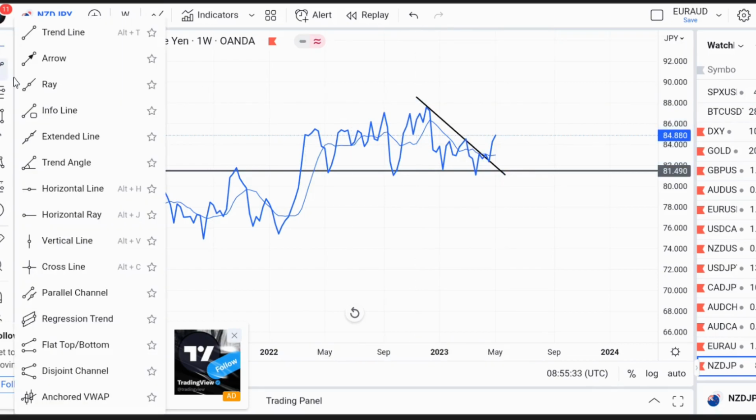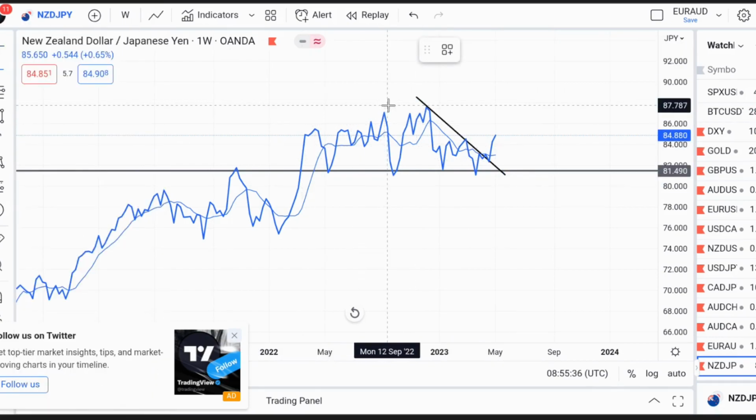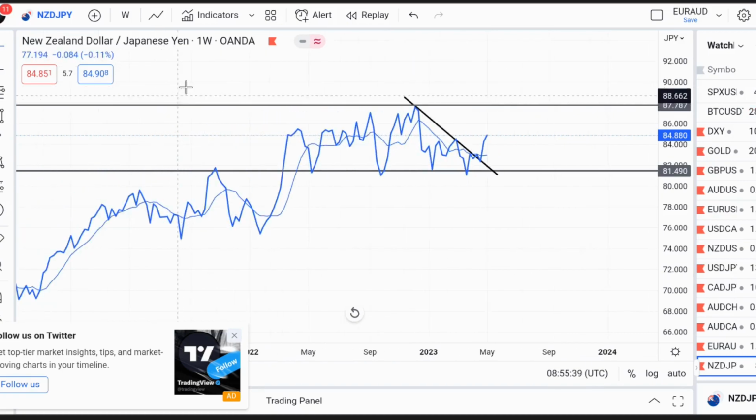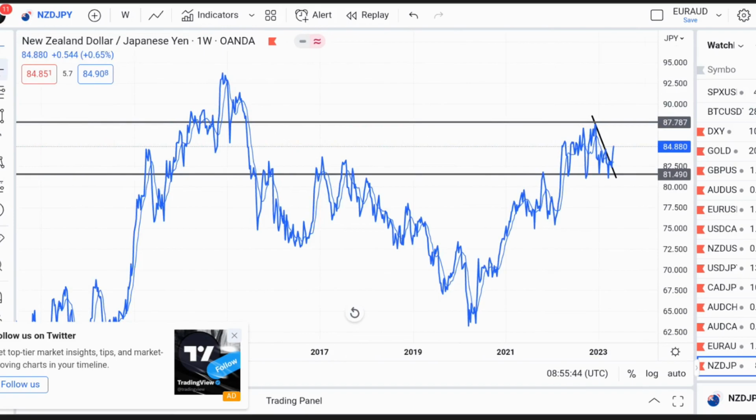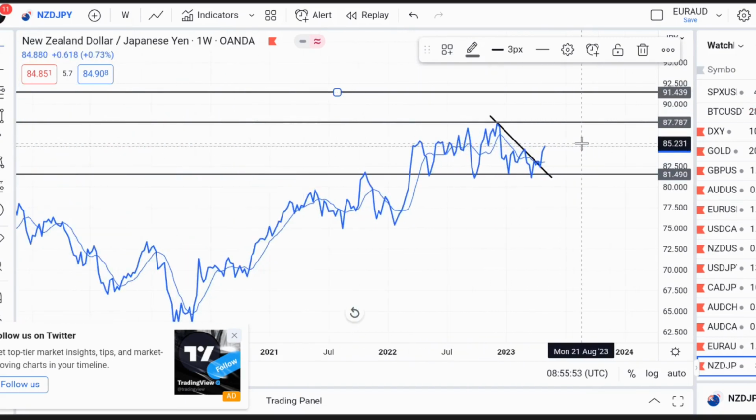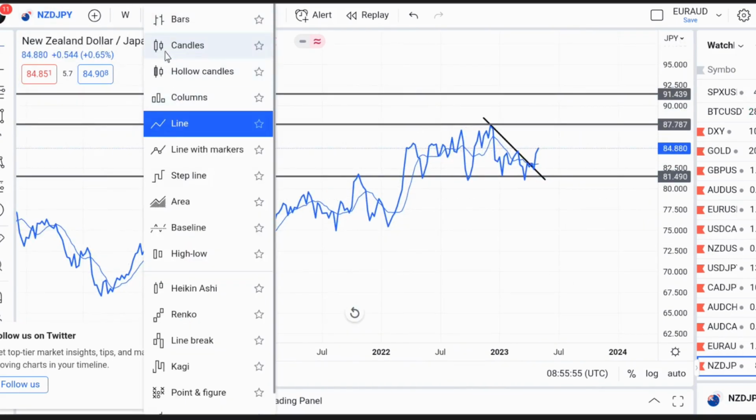So the opposite effect might actually come in at this level because the previous test of that resistance has been made, and then the next level should be at this particular area. The next level should be at 91439. So let's go back to the candlestick.